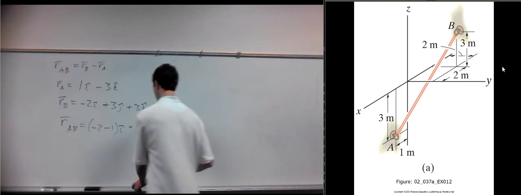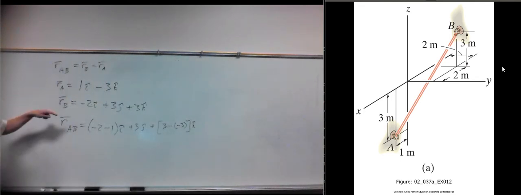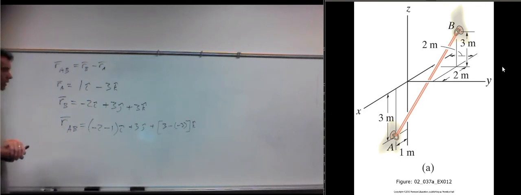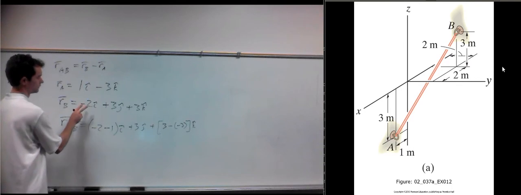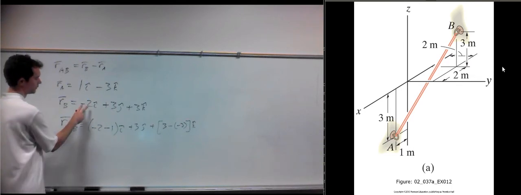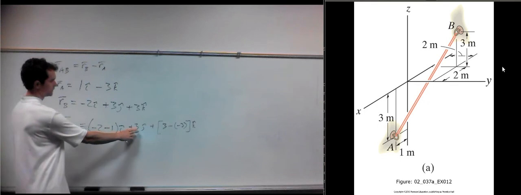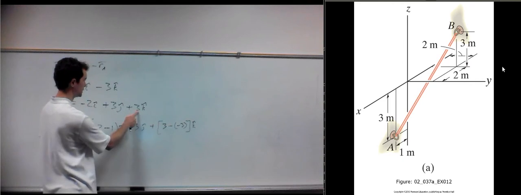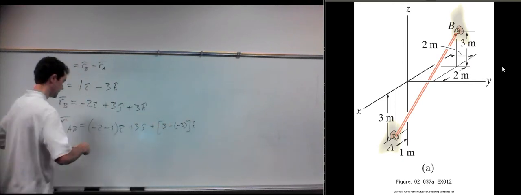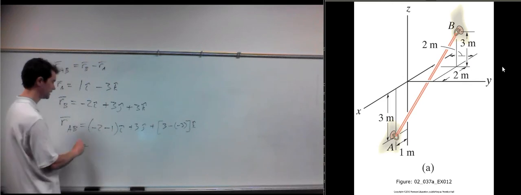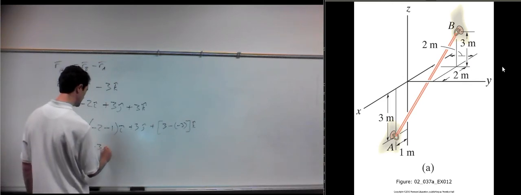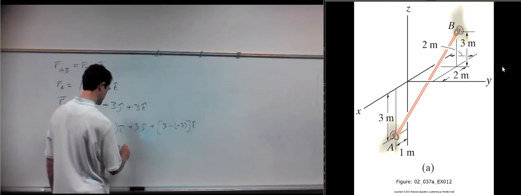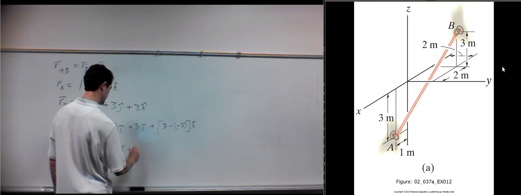Okay. So here's this equation. It's RB minus RA. And again, the useful thing about using Cartesian components is we can just add them all up. Well, actually, it's subtraction. -2, -1. The same with the J components, 3 minus 0. And then the Z components, 3 minus -3. And what that gives us is the vector from A to B is -3 times the I direction vector, plus 3 times J, and plus 6 times K.